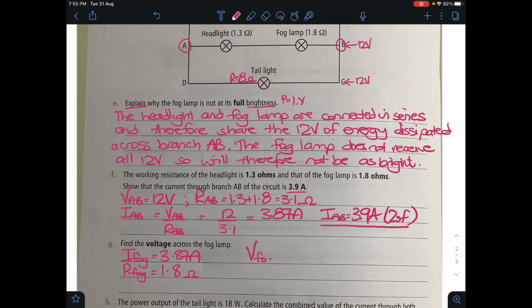So the voltage across the fog lamp is the current times the resistance, so 3.87 times 1.8, which gives us 6.966, or 7 volts to 2 significant figures. That's the voltage through the fog light. So we know then that the voltage through the headlight must be 5 volts. Okay.